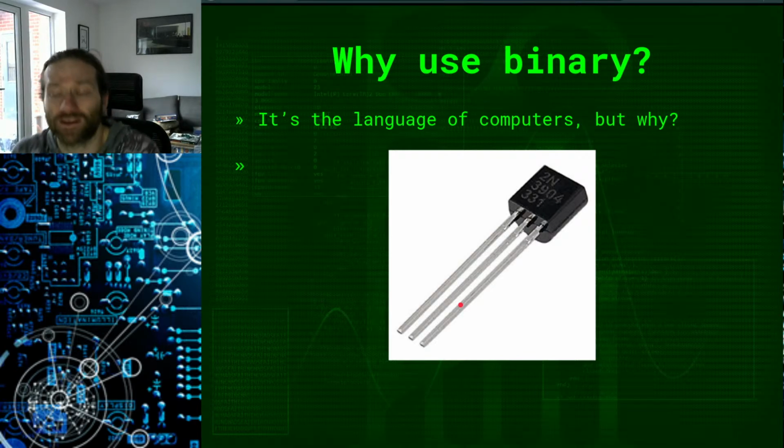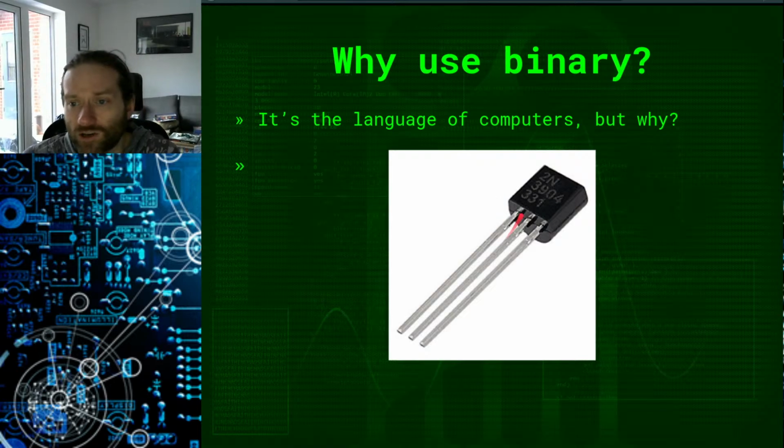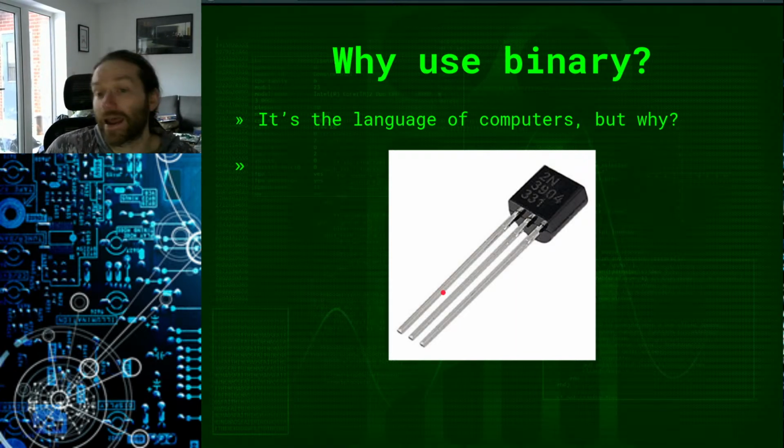That thing definitely is a transistor. This transistor is way larger than the transistors which are inside the CPU. We're going to have a look at a video in a second that gives you a greater idea of the scale of things. What is a transistor? What does it do? What's the point of that, and how does that relate to binary?